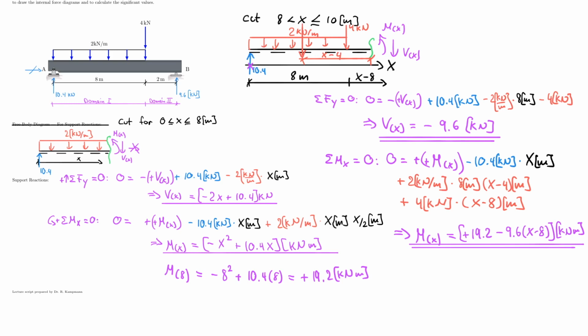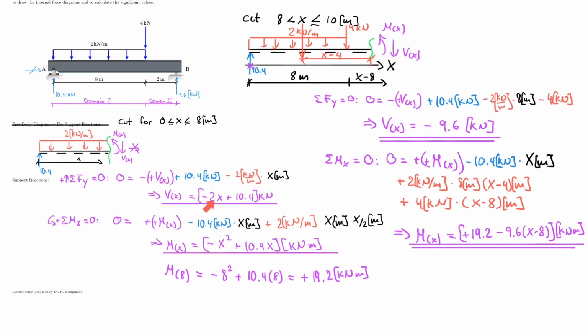But before we draw the moment diagram and the shear force diagram, let's look at another thing where we can actually use these equations for here and here. That is that we need to analyze where our moment is maximum. I highly doubt that 19.2 is the maximum moment. In fact, I know that it's not the maximum moment. Why? Because the moment is maximum where the shear force goes through 0.